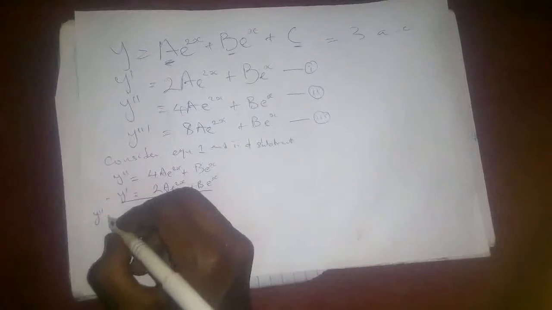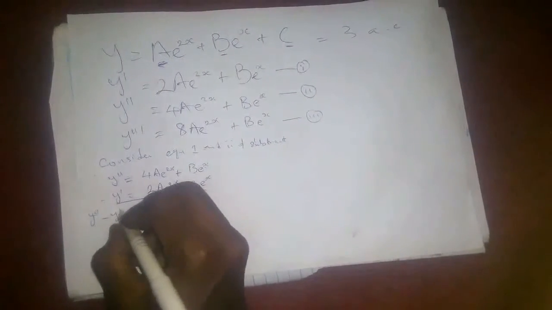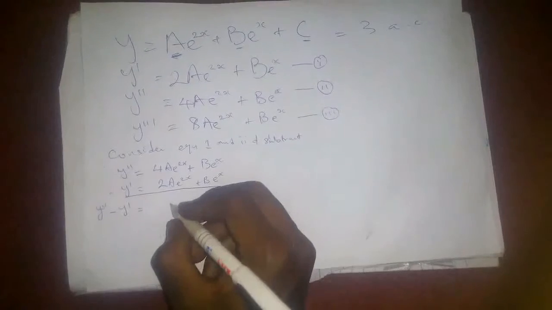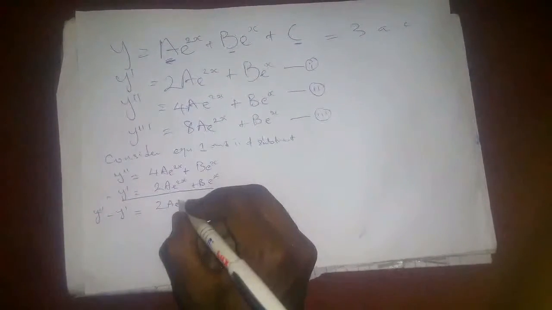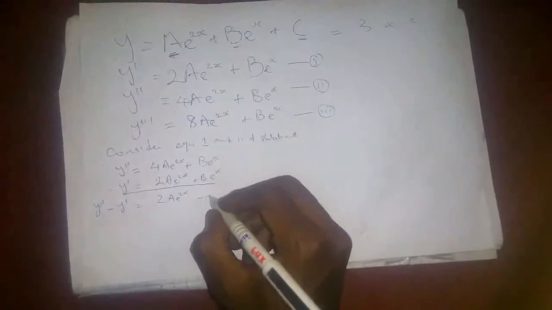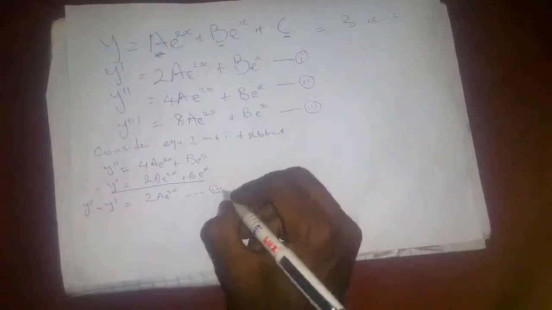Now when we subtract the both of them, what are we going to have? y'' minus y' will give you just 2a e raised to power 2x. That's just it. Now at this point we'll call this equation 4.